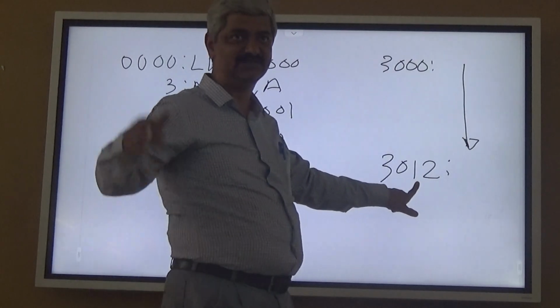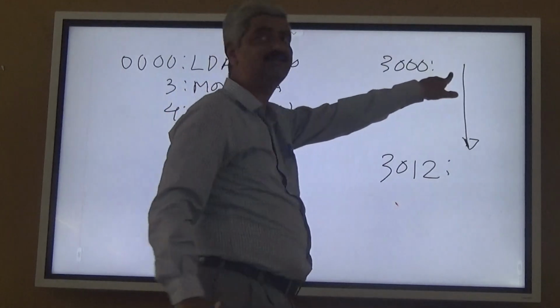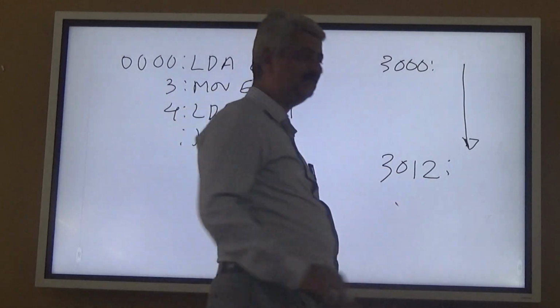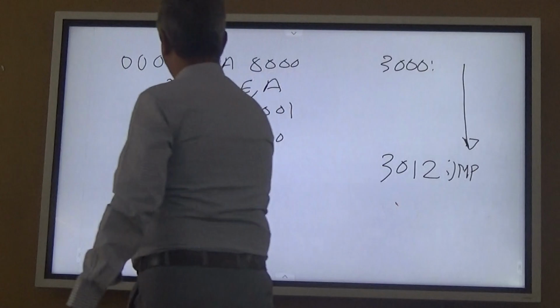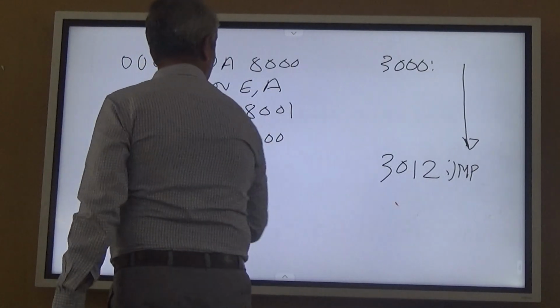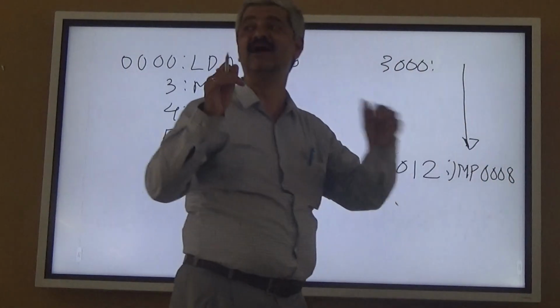So now here what should be there? Return, I think. Right now I have jumped to 3000. So here what should I have? Jump back. Where? 4, 5, 6, 7, 8. There is a problem now.